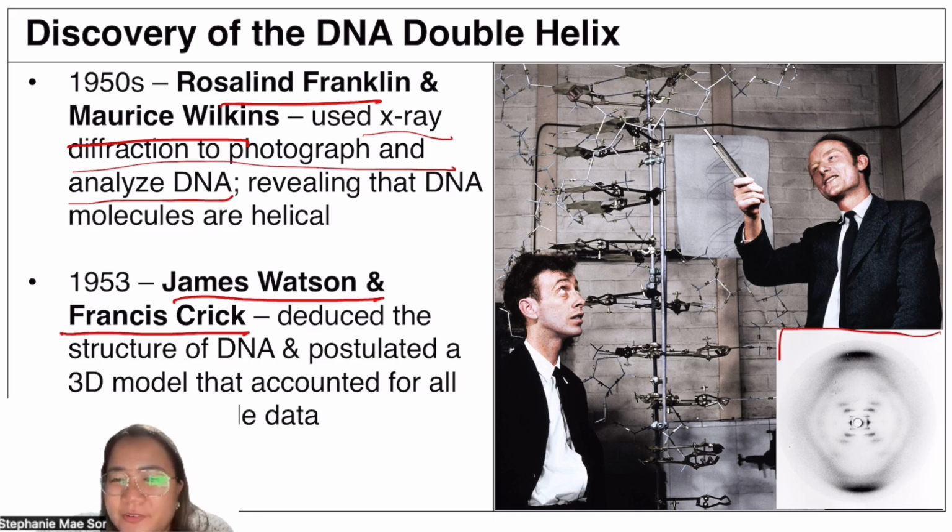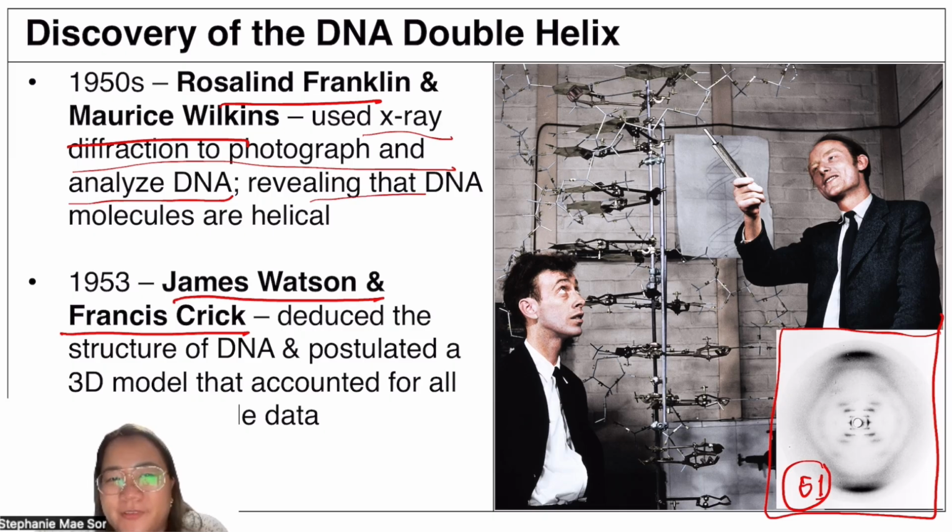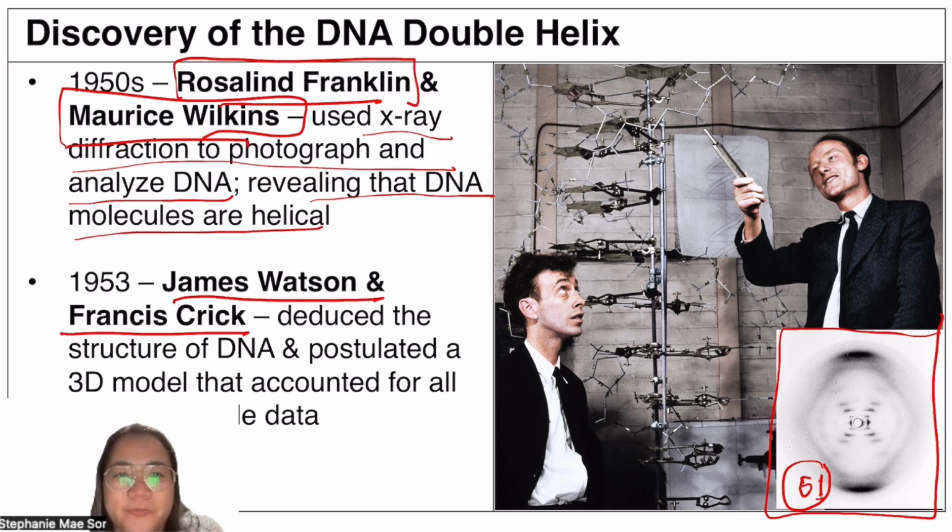So, ito yung photograph niya ng DNA molecule, no? They call this photo Photograph 51. Makikita mo na magkakaroon ka ng idea that your DNA is a helical molecule. So doon na-realize na DNA is actually helical.